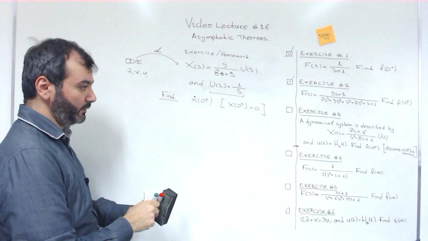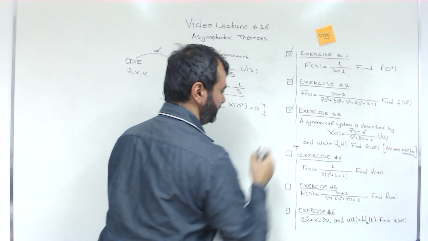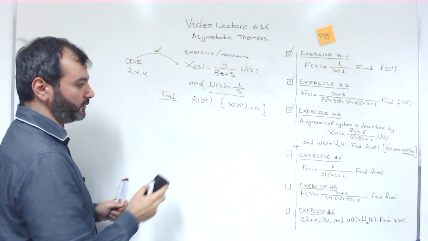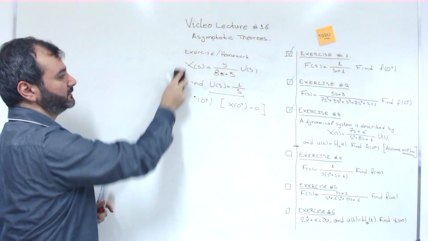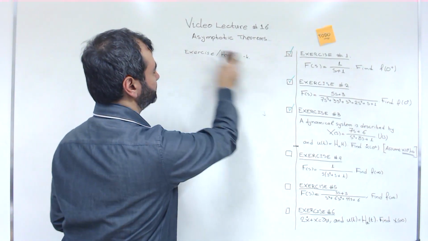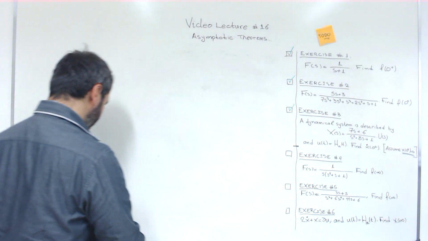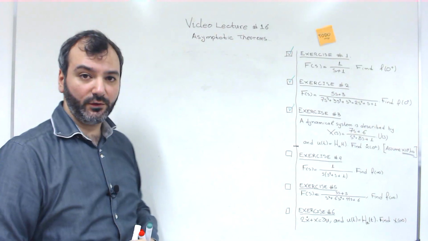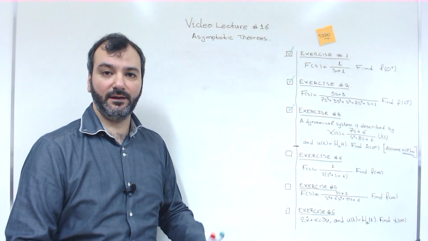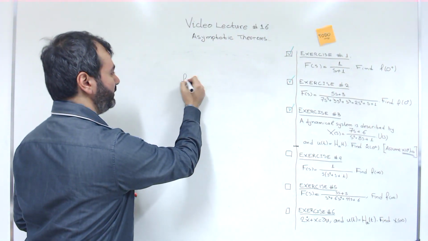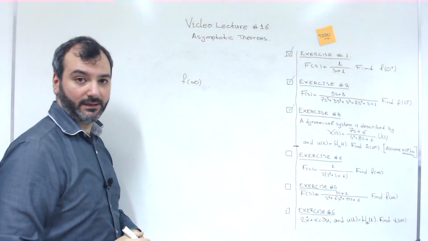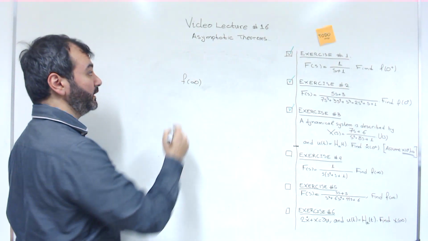Okay, so we solved exercise number 3. Let's now go for 4, 5, and 6. Now there, we need the following result. We need the final value theorem that provides f at infinity. The theorem states the following.